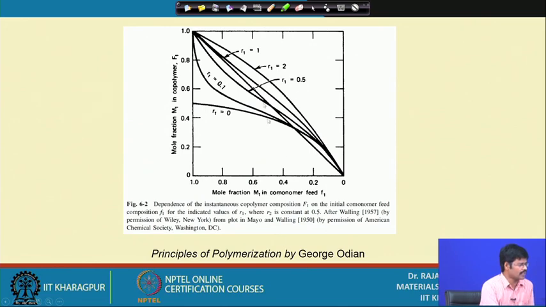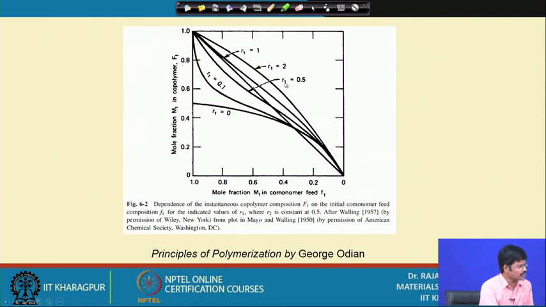Here r1 is 2 and r2 is 0.5, so the multiplication is actually 1. So, this is the ideal copolymerization behavior we talked about. As r1 starts to become lower, this graph starts to become closer to this linear curve.